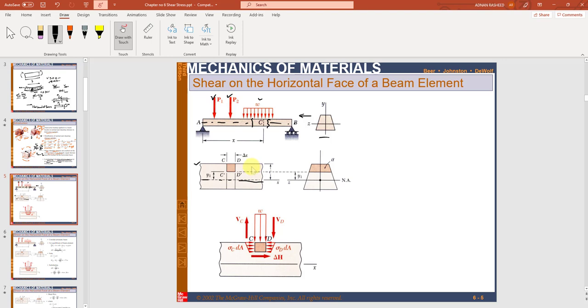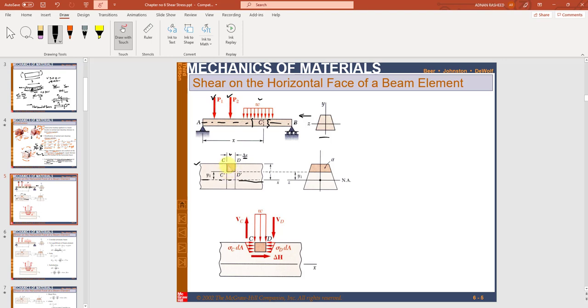Now, for our analysis purpose, we are going to take out a small portion of the beam, that is portion CD, C dash, D dash, and the thickness of this portion is represented as delta x. Delta x is very small thickness. Clear?